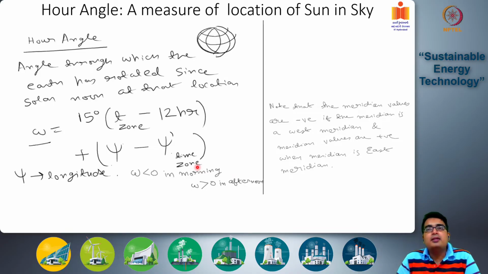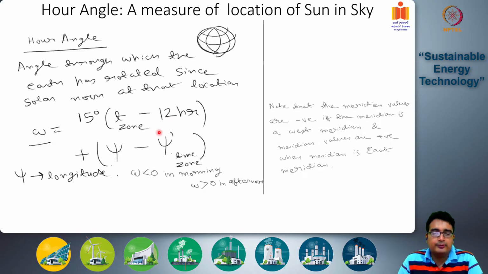Suppose you are on that longitude, then your official time is the same as the local time. The sun will be directly at its highest point in the sky at 12 noon. So then this psi minus psi star time zone longitude correction does not apply. Then you have only 15 degrees times the time of your location minus 12.